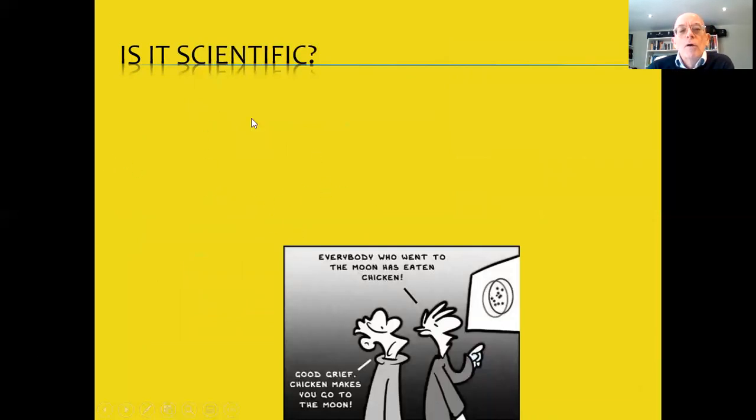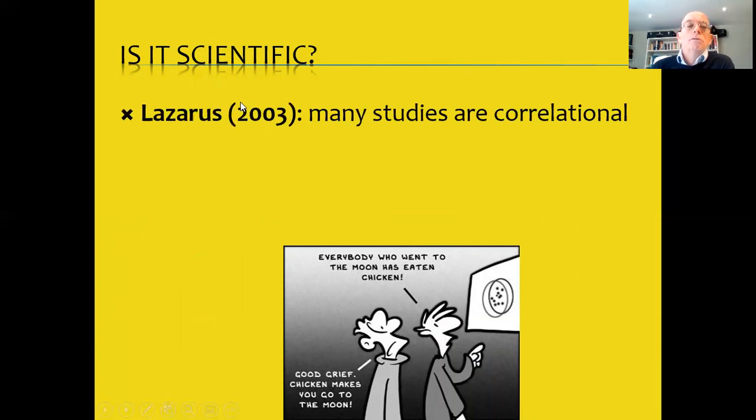Another issue raised by people and raised by Lazarus in 2003 is that many of the studies in positive psychology are correlational. So that means if we remember that as one variable goes up, another variable goes up. So possibly you could say, for example, the more time people spend with friends and families, as one variable, the more time I spend with friends and families, the happier I report myself to be. Okay.